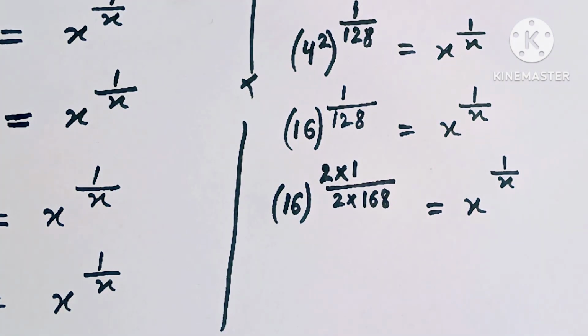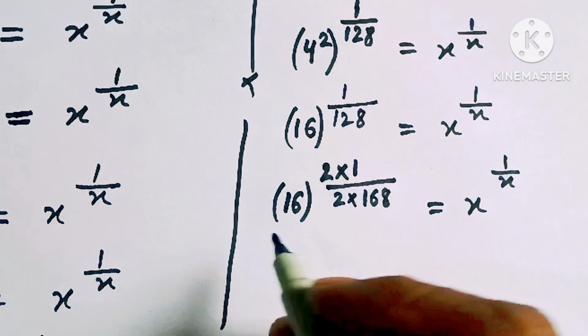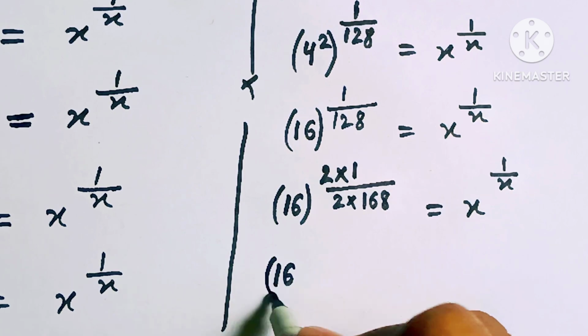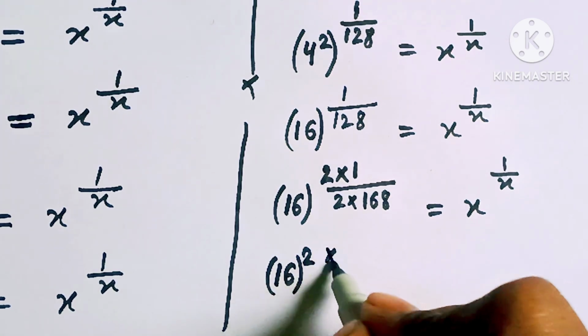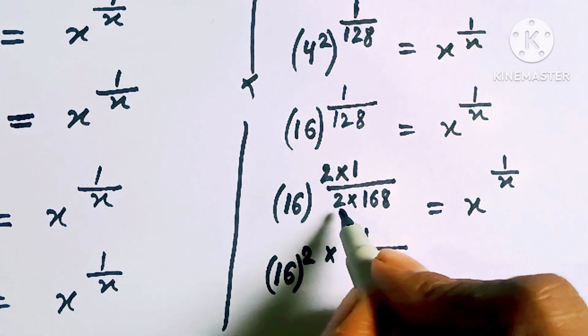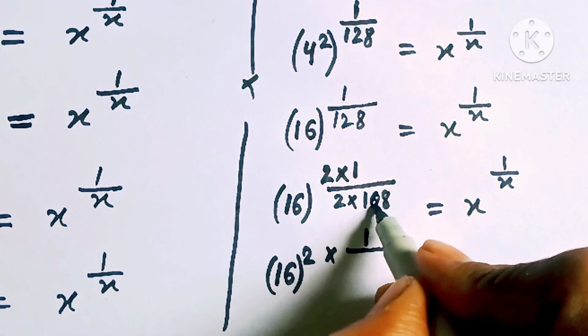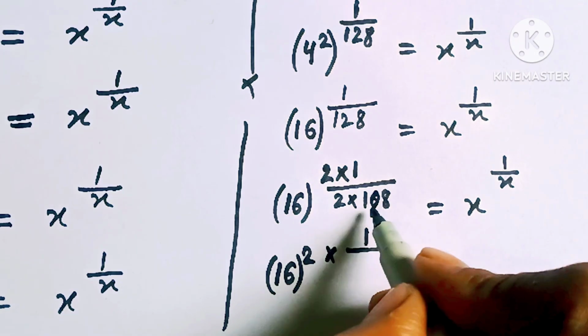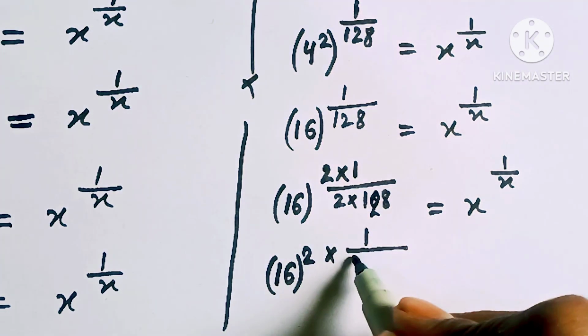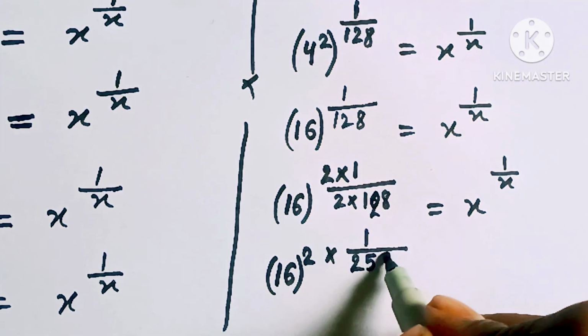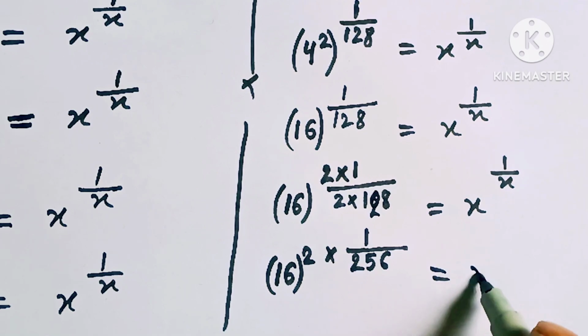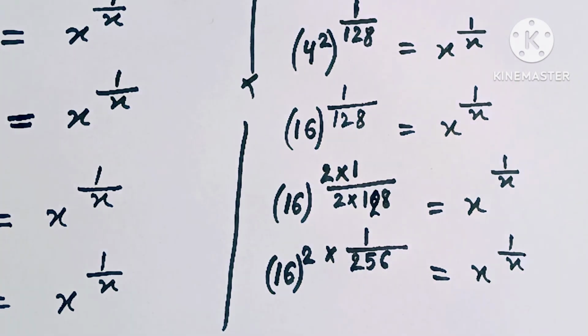Now we have 16 to the power 2 into 1 by 256, since 2 times 128 is 256, and here we have x to the power 1 by x.